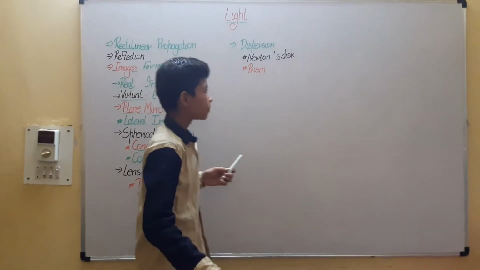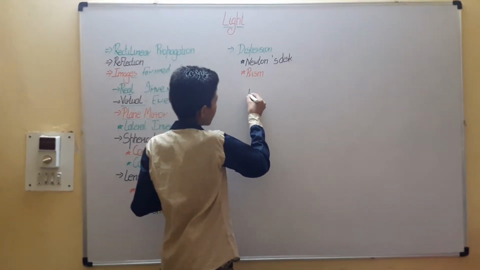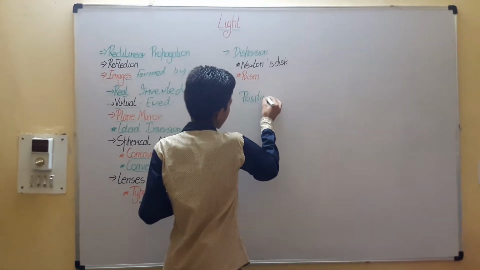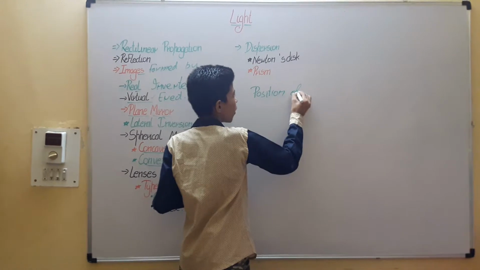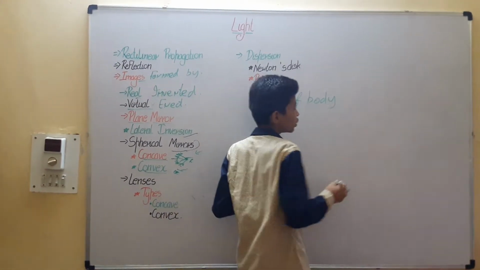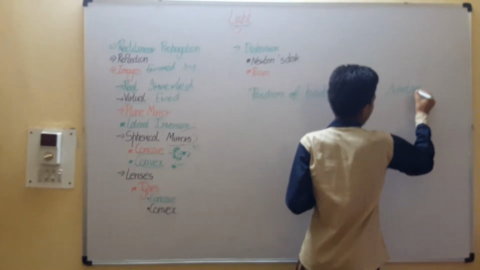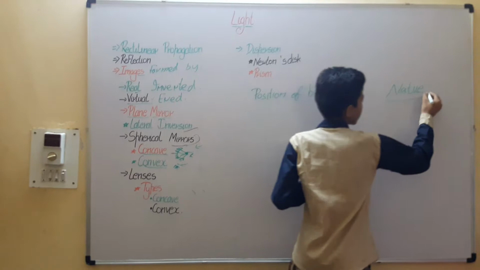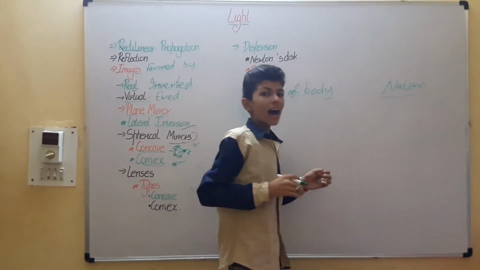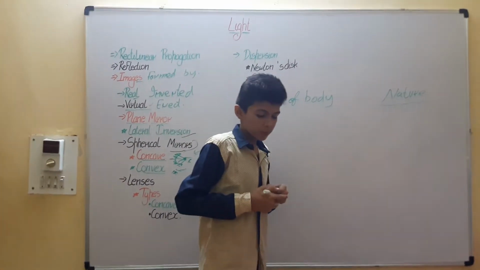So first here, let's put the position of the body, and here should be the nature, or the characteristics of the image formed.